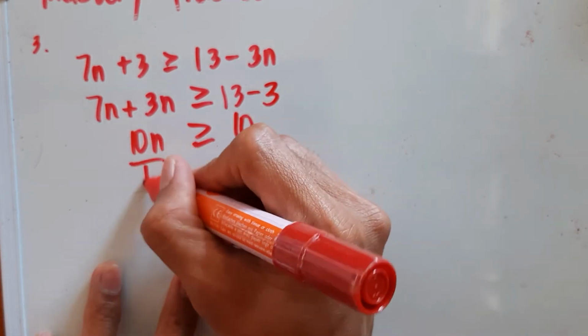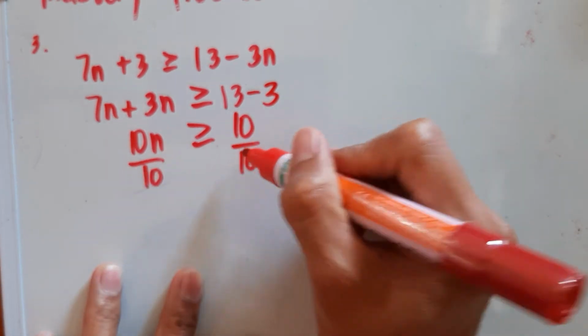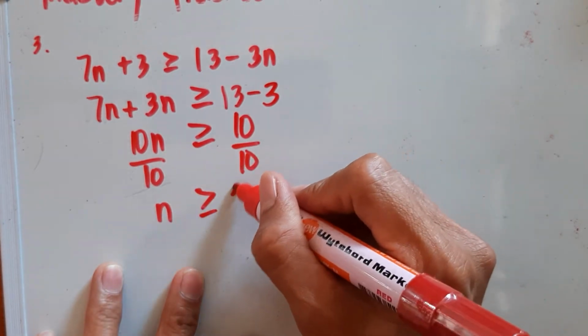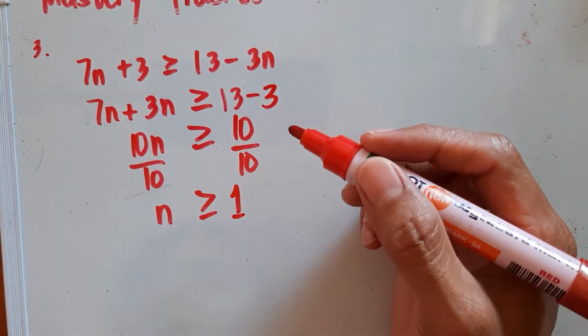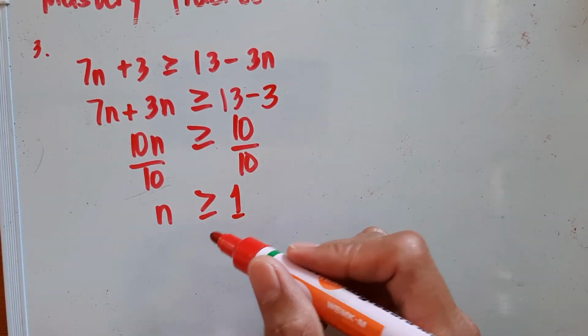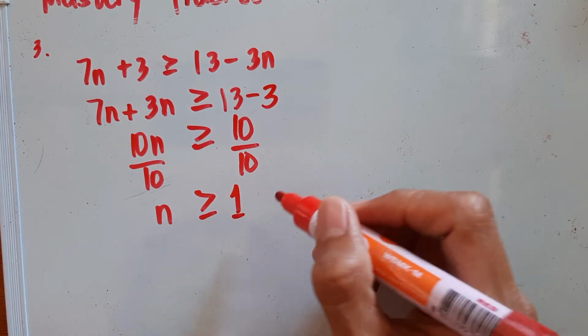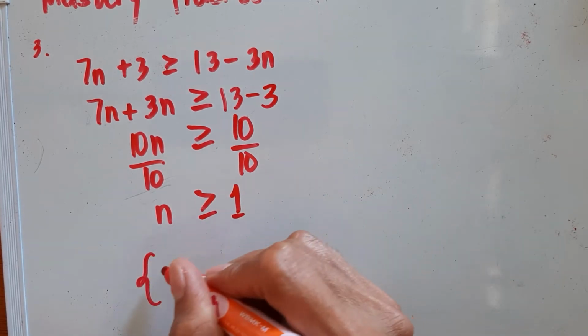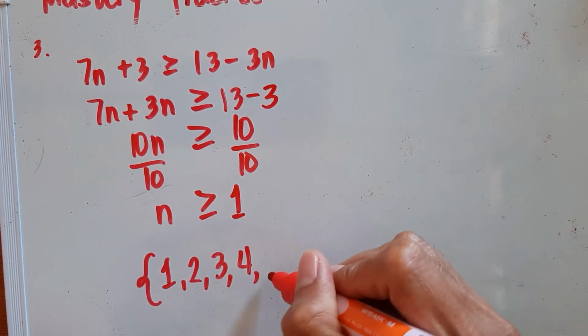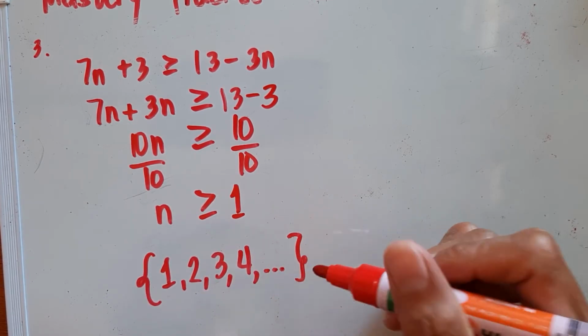Then divide both sides by 10. So n is more than or equal to 1. That means our answer is any number that is more than or equal to 1. It could be 1, 2, 3, 4, and so on and so forth.